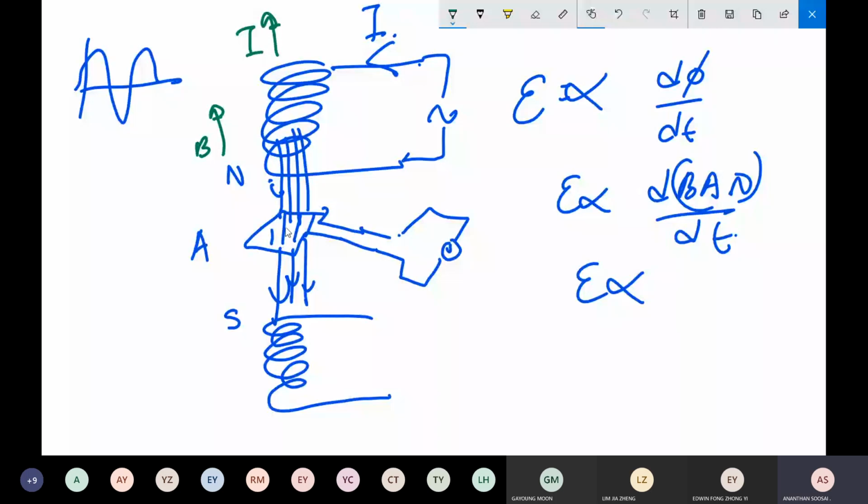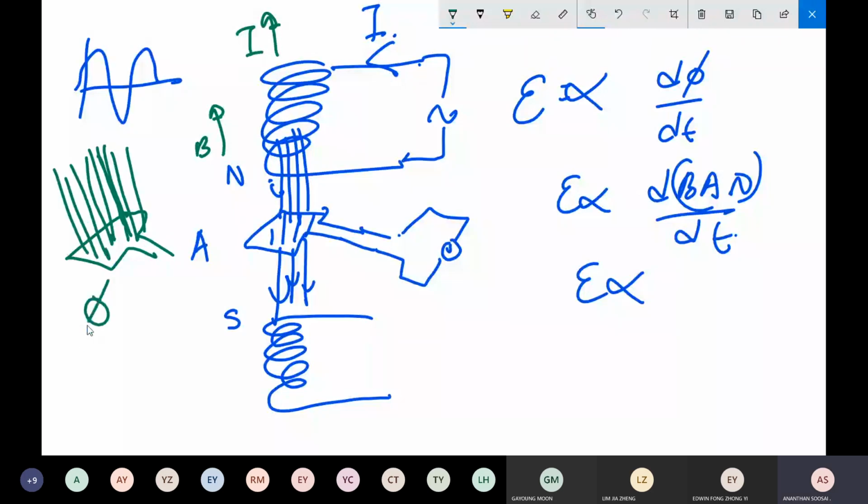When the magnetic field gets stronger, what happened to the field lines? Let's say you had only four lines on this coil. Now you might have stronger field lines, which means more field lines in the area. So your flux will increase, because flux is what?